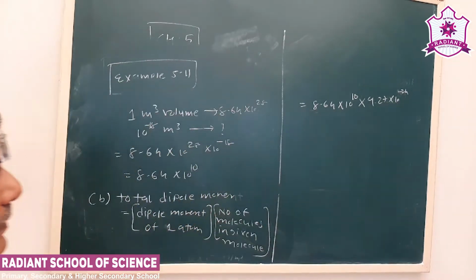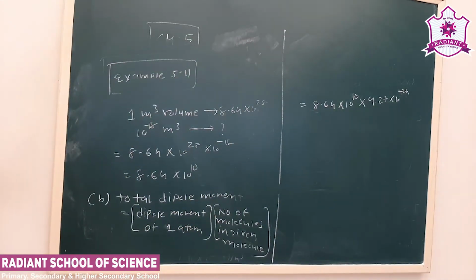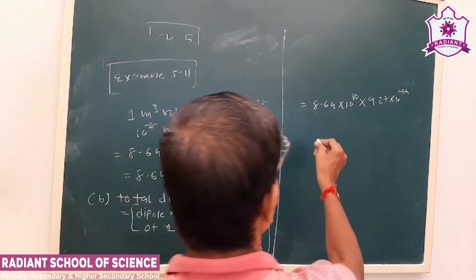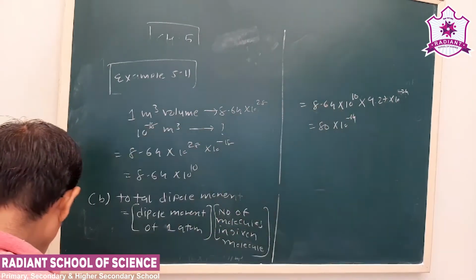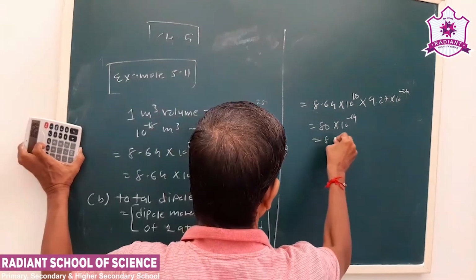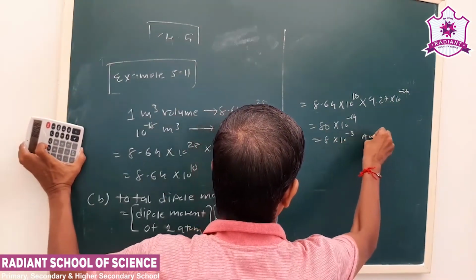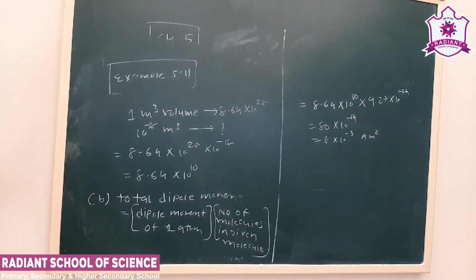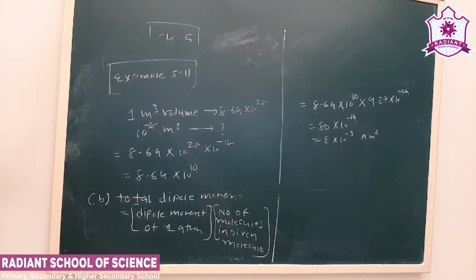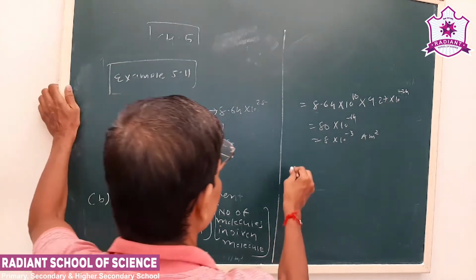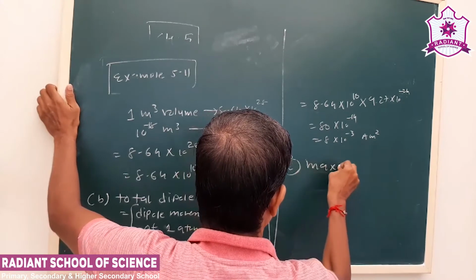Okay, so now we simplify. There is 8 into 10 to minus 3. Okay, see here n is a number only, so that will have the same unit. Now what will be the corresponding maximum magnetization?